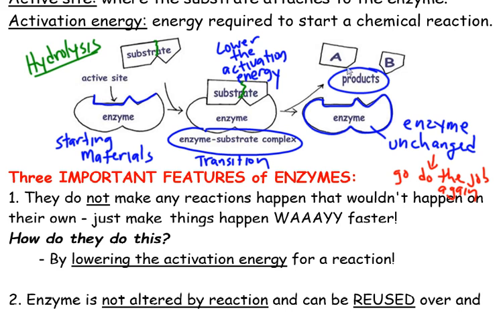And we see two products in the end. So one thing becomes two, and we could also argue when this is happening, we are adding water, kind of completing the process. So when you see one thing become two, that's hydrolysis. If you see two things become one, that's dehydration synthesis.